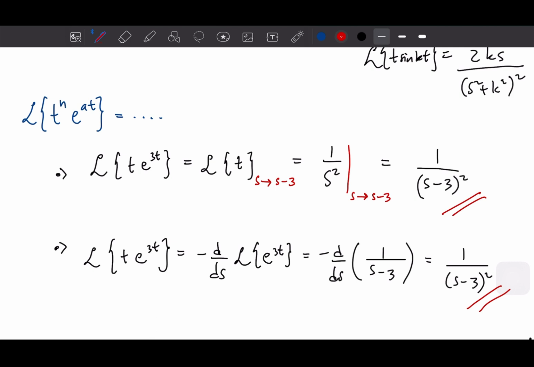And we can also interpret this as, we have t with power of 1 and then some function here, which means that the Laplace of this function, we are going to take derivative of with respect to s, as we discussed at the beginning, right? But then, the same result. So you can choose methods.